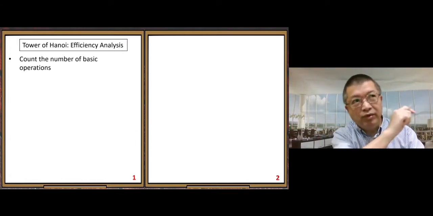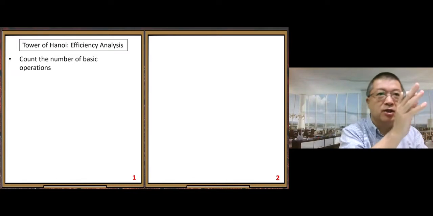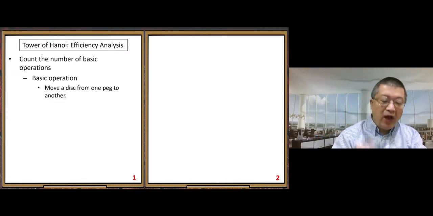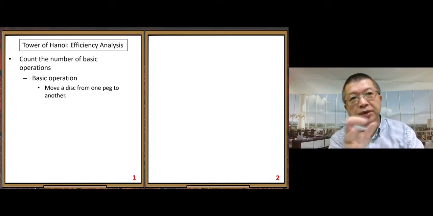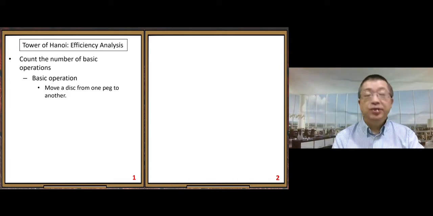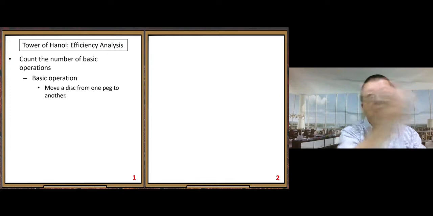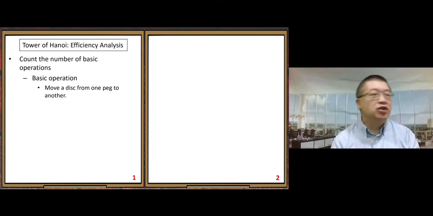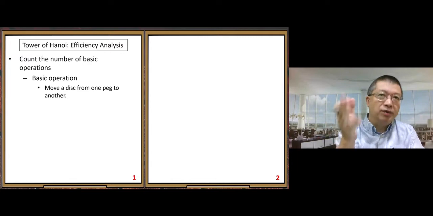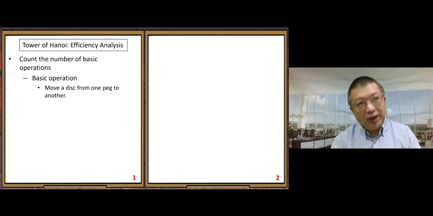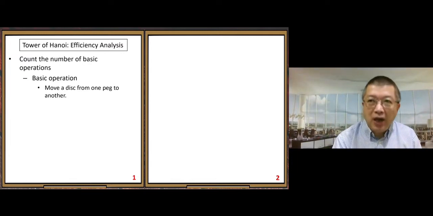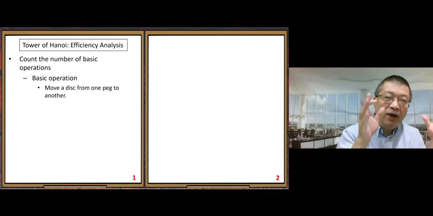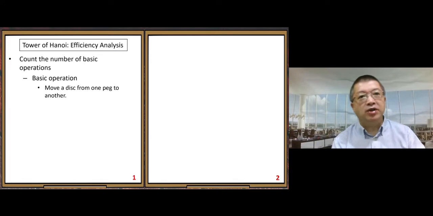One disk move, we define it as the basic operation: move a disk from one peg to another. We do not need to specify which peg to which peg, just a general one peg to another. So any two selected pegs, that's the basic operation.